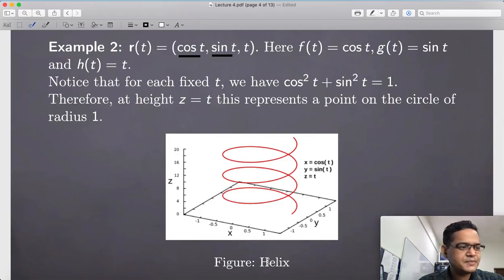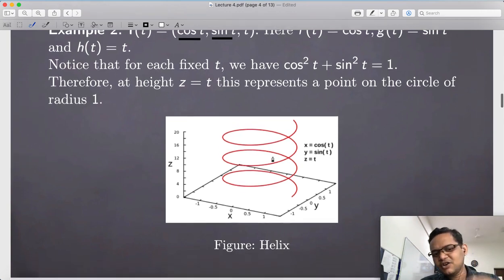It's a very important example. Apparently it has a lot of applications. It appears naturally in the study of DNA and so on. I will not go into that because I do not really know much about it. What I'm trying to say here is that one can try to visualize what graph we get out of a vector valued function. Just draw a few points, take particular values of t like 0, and since cosine and sine are there, take values in terms of pi, like pi over 4, pi over 3 and so on, and then draw some particular points.